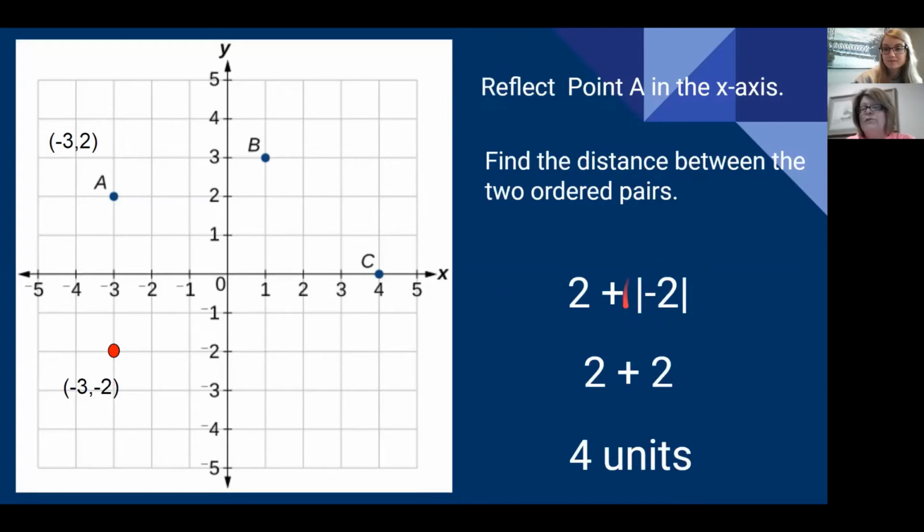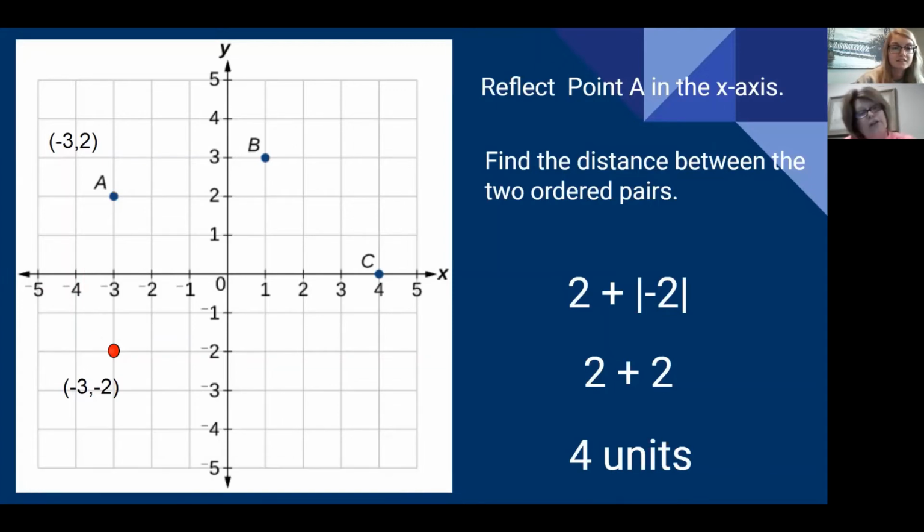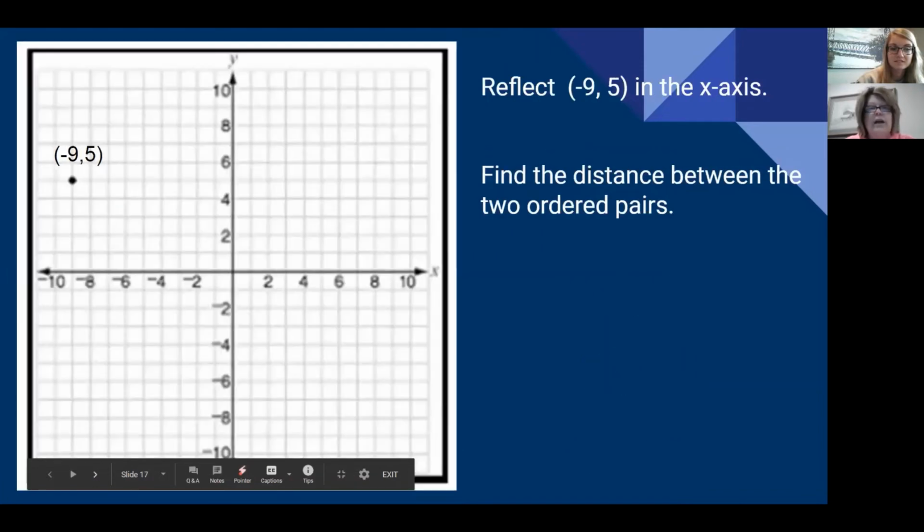The absolute value of a -2 is 2 because it's 2 away from 0 on the number line. So 2 plus 2 equals 4. And so we are 4 units away from A and its reflected point. All right, let's go to the next slide.